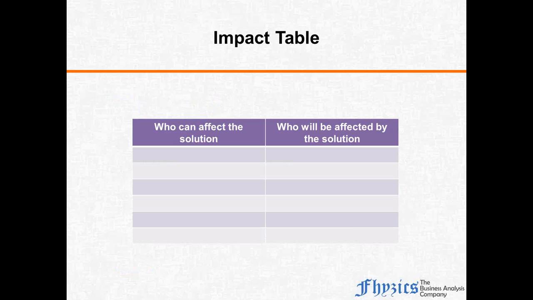I would say it is a very straightforward way of doing it, right from the definition of stakeholders. The people who are capable of affecting a project and the people who are affected by the project, both these people are stakeholders, right? So we have this as two columns here. Okay, so this is a very easy way of finding the stakeholders. Okay, let us move on.